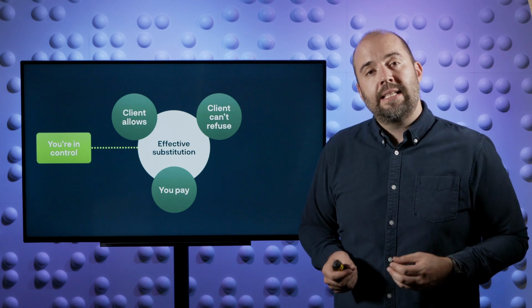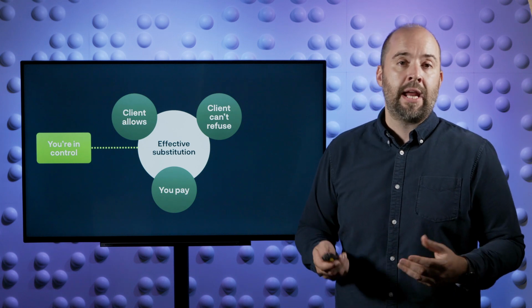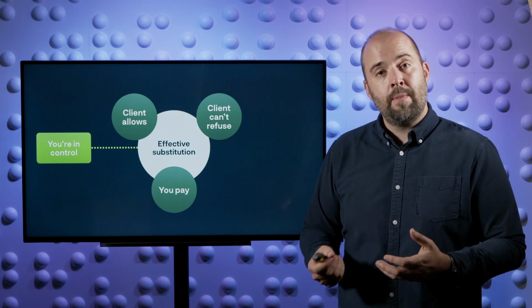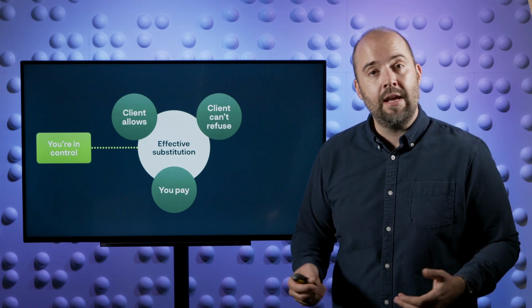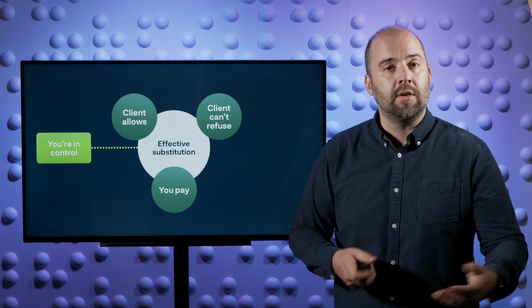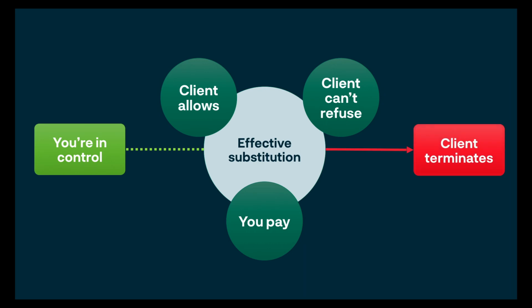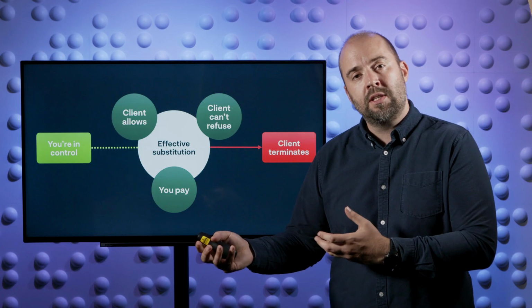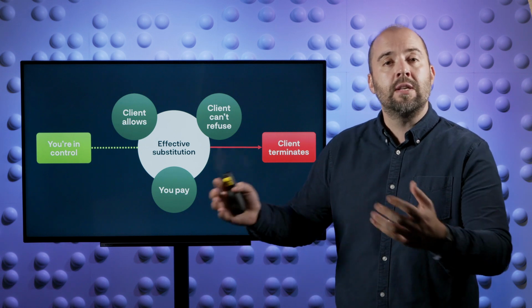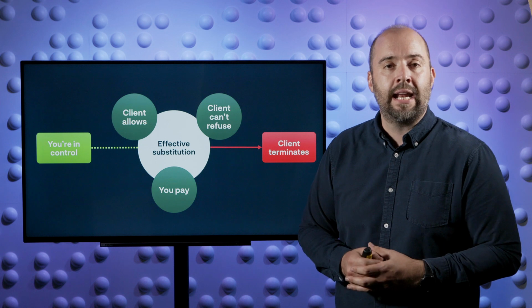One of the remedies for this is looking at your termination clauses in your contract. And just remember, a client should be able to terminate your contract should they be unhappy with the work that has been produced, or if you overrun, you're not delivering on time. So that means we can end up with a nice healthy tension of where you may be in control of the substitution process and the client can't get involved or influence that in any way.